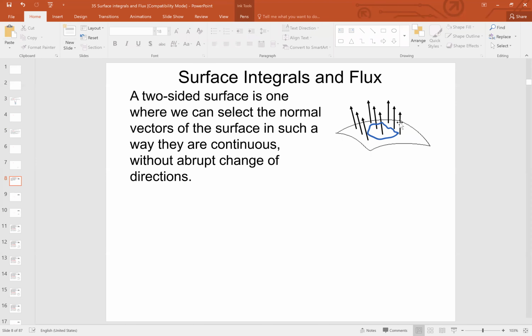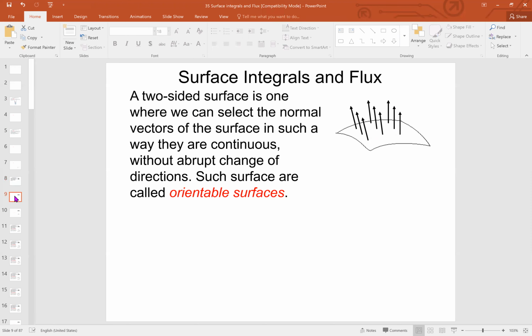If I look at all the perpendicular vectors along this path, and I walk around the path, I wind up with exactly the same vector I started out with. It doesn't matter what the path is on this surface. I can meander, holding a pole that says that's up, and I walk around the surface and always wind up where I started, with the pole still pointing the same way as when I started. If that's possible, we say this surface is orientable.